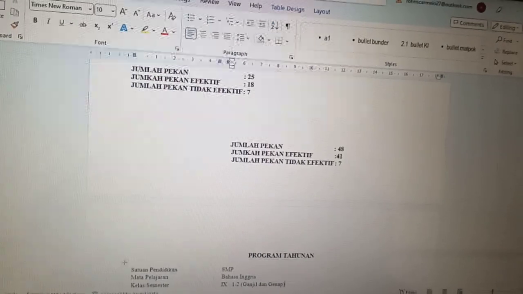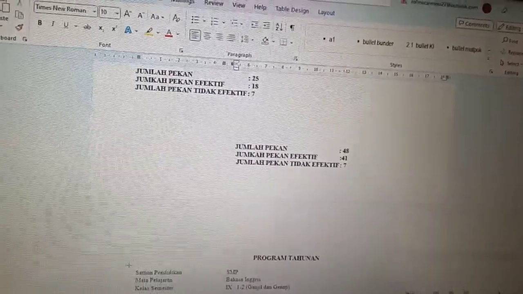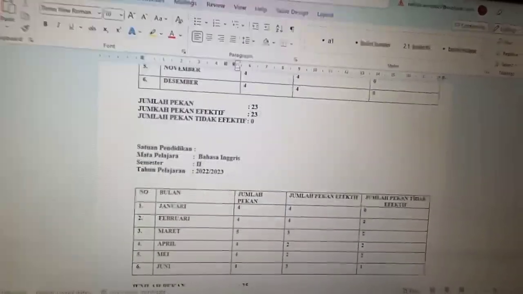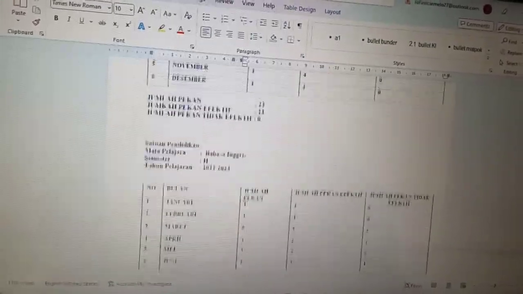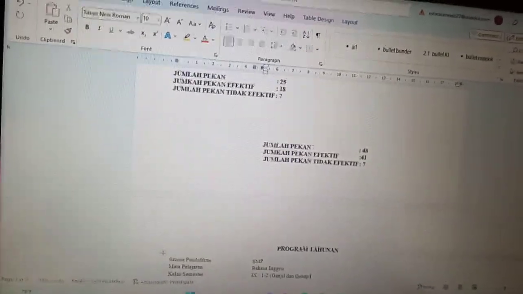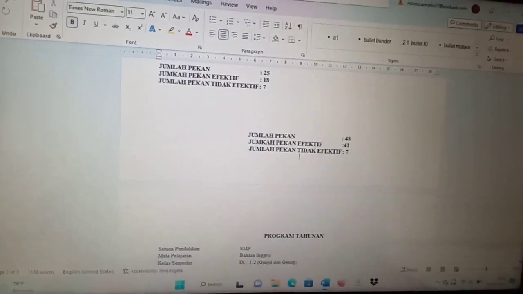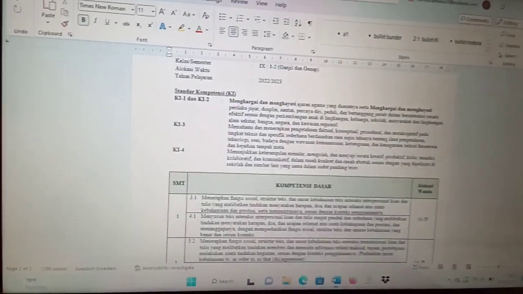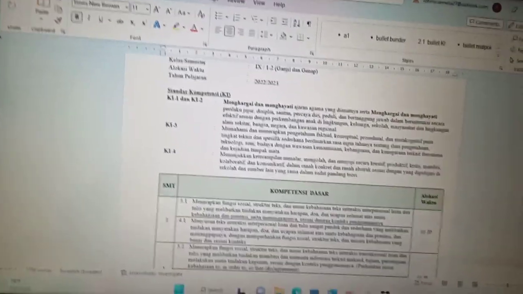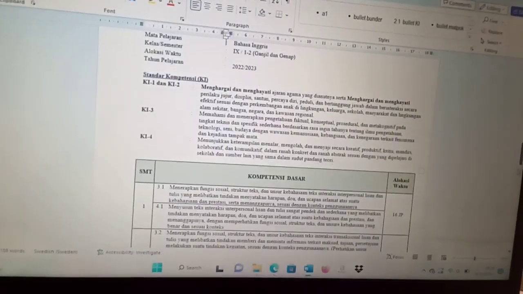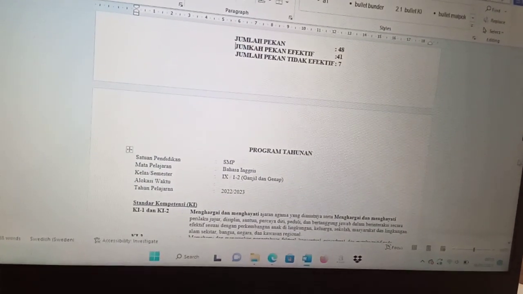So that's how we count the effective and the ineffective weeks. Next, let us see how do we make the annual program after we know the total of the effective weeks and ineffective weeks.